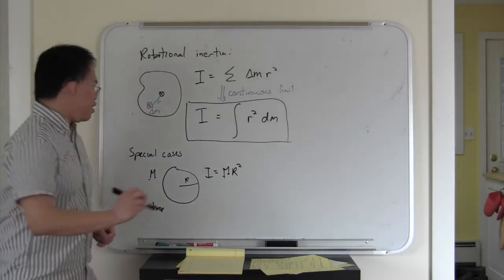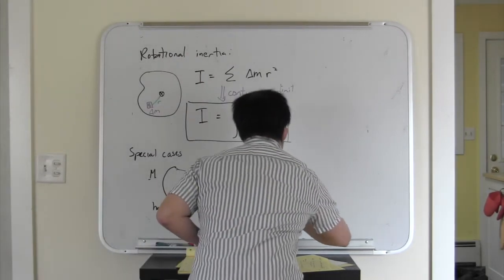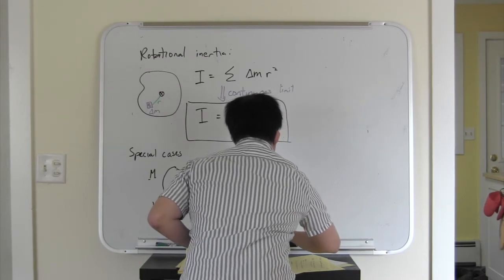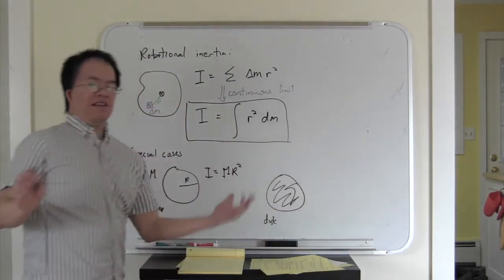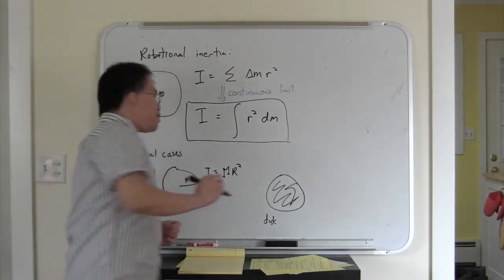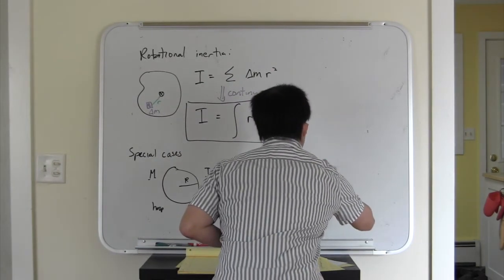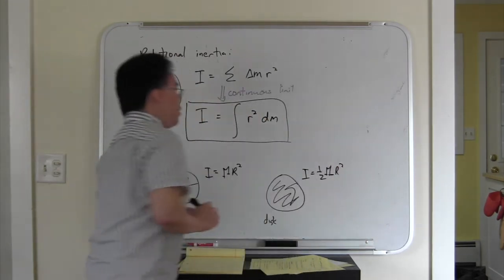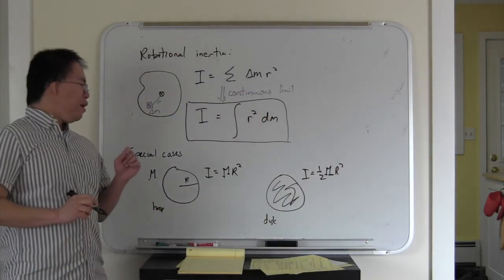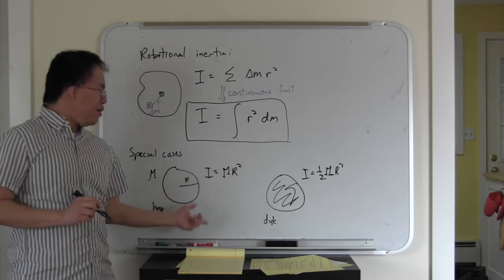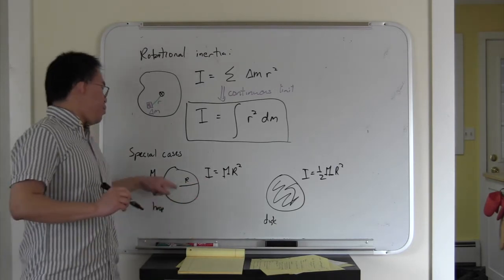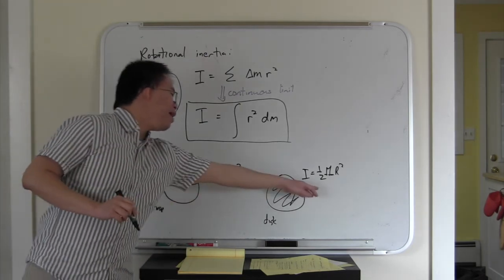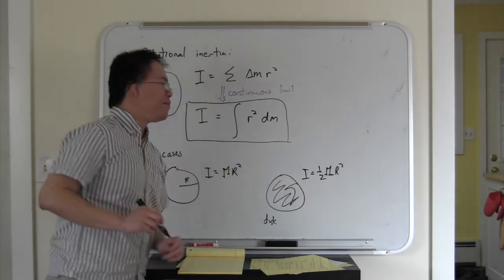The other special case you want to think about is a disk that's solid, and you can show with some calculus that for this, I is 1/2 the total mass times r squared. Notice the dimensionality is the same, it's just the prefactor in front: 1 for a hoop, and 1/2 for a disc.